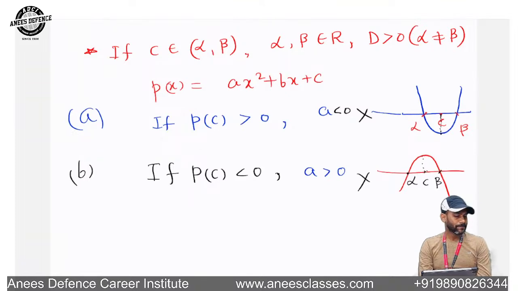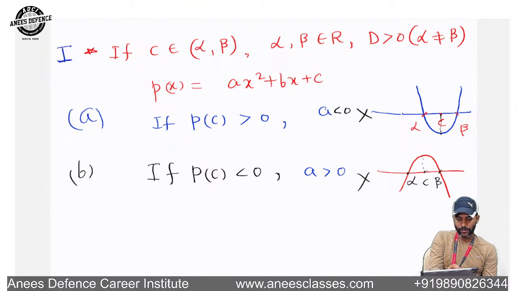Now the second case, if C does not lie between alpha and beta. That was case number 1, and now case number 2.